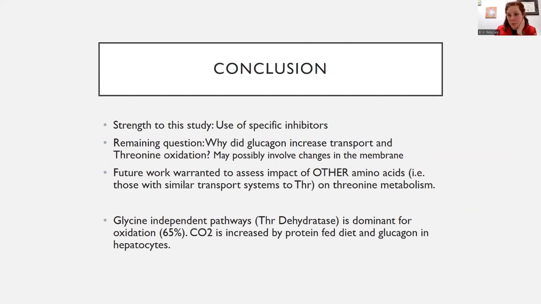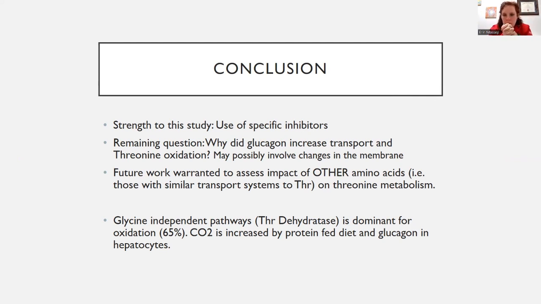So what is the conclusion there? We want to look at some of the strengths of the study. It's using specific inhibitors, so we can actually account for different types of oxidation pathways.